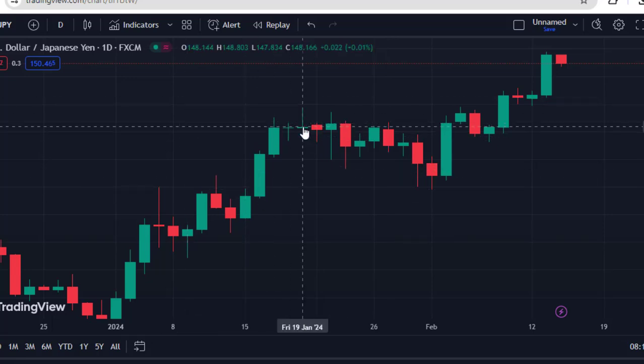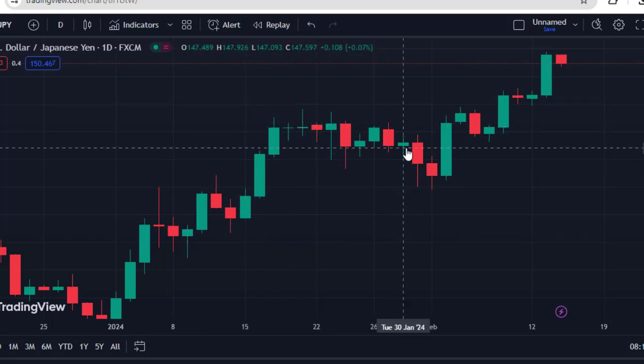Let's say, for example, all these candlesticks turn white. How can you differentiate if a candle is bullish or bearish? That video is coming in the future, so definitely keep an eye on this channel when I release that video.